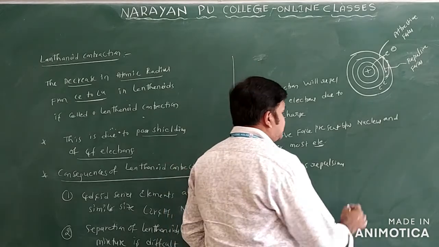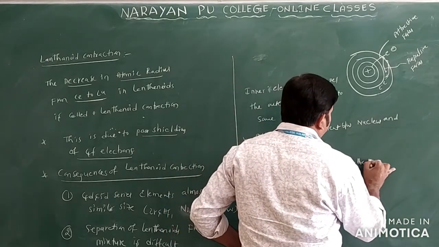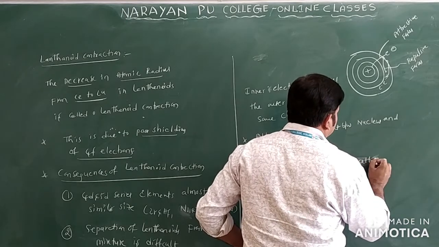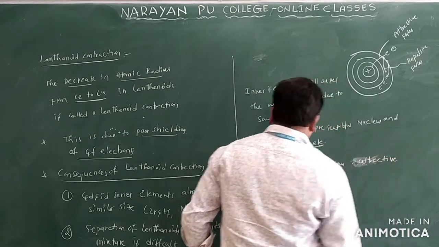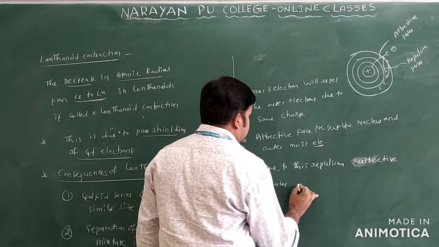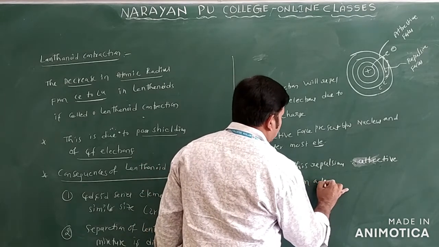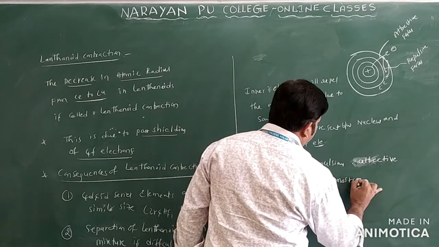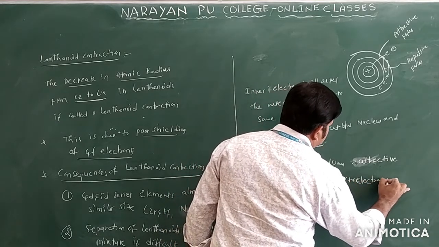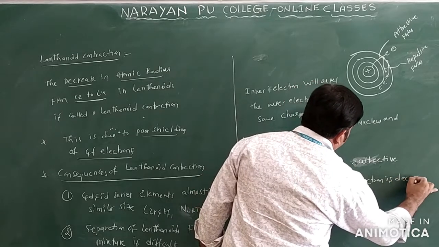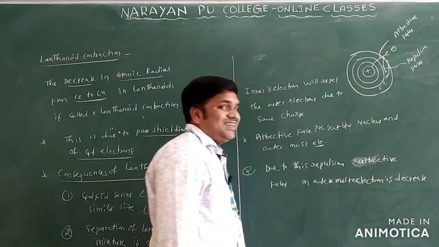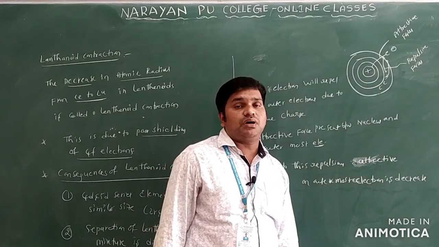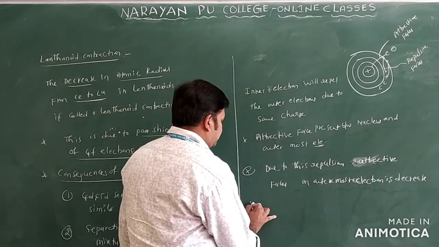Due to these repulsions, the attractive force on the outermost electron decreases. This decrease in the attractive force is what we call the effective nuclear charge.